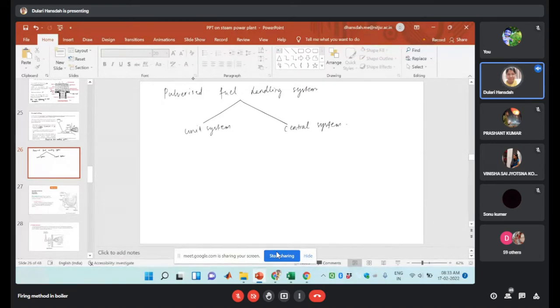One is the unit system, another one is the central system. The unit system is nowadays installed in many pulverized industrial supply systems. In this case, you will have the supply of the primary air.